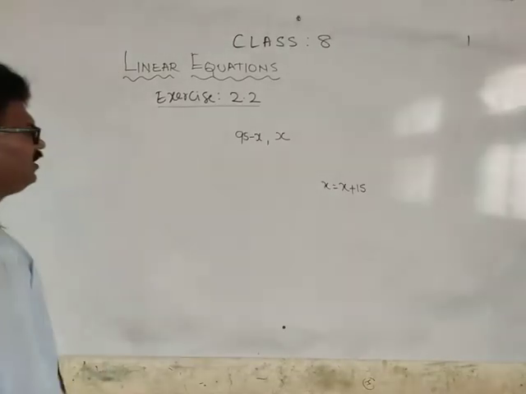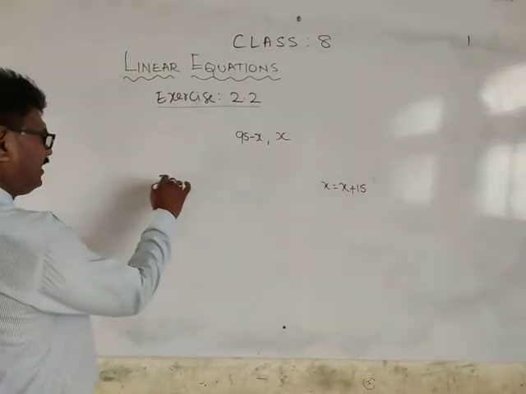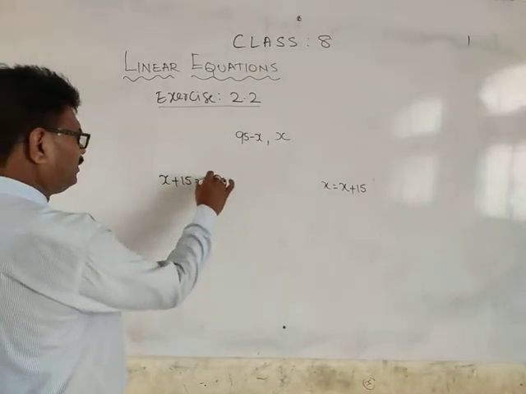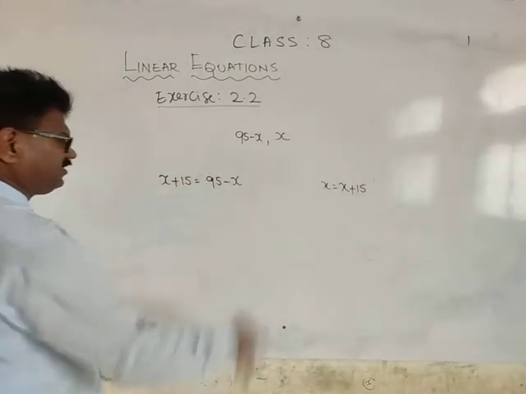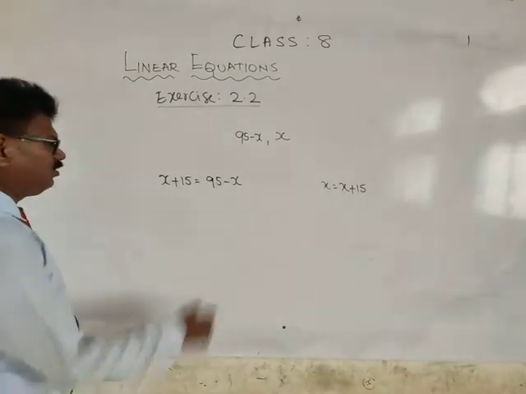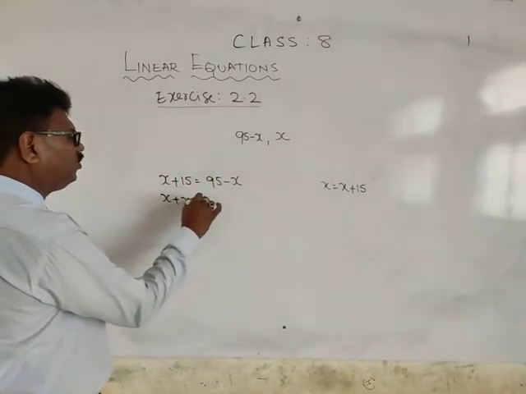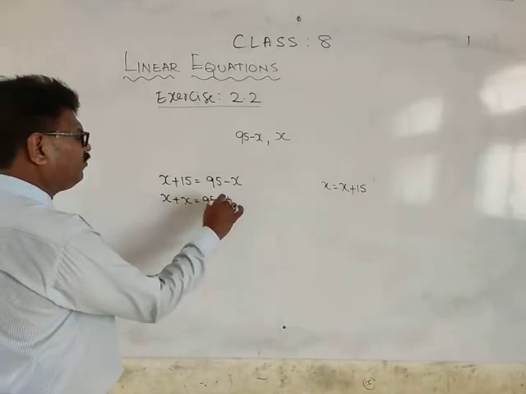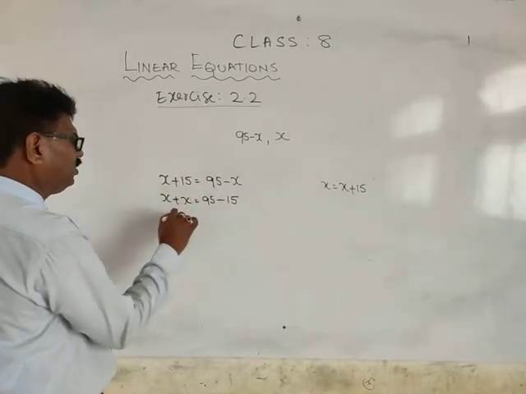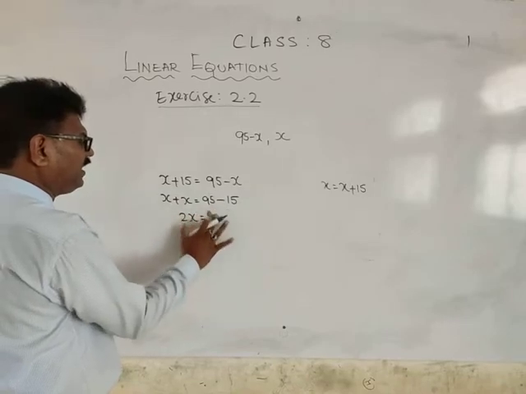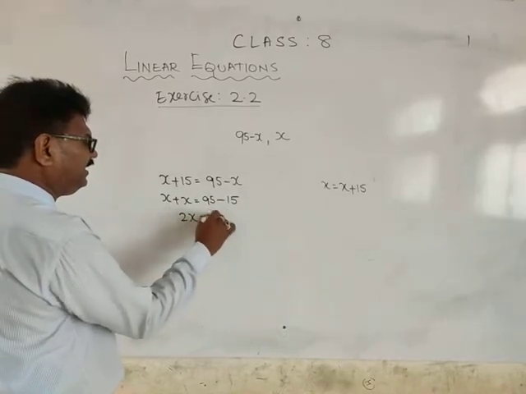Very, very simple. Now you can write x plus 15 is equal to 95 minus x. Now minus x, if it comes here, x plus x equals 95 minus 15. 2x is equal to 95 minus 15, which is 80.